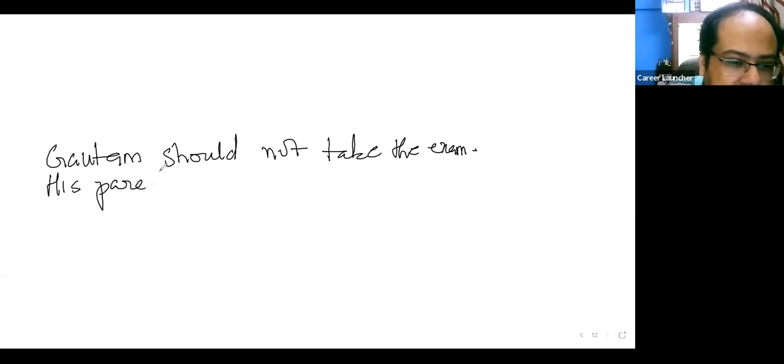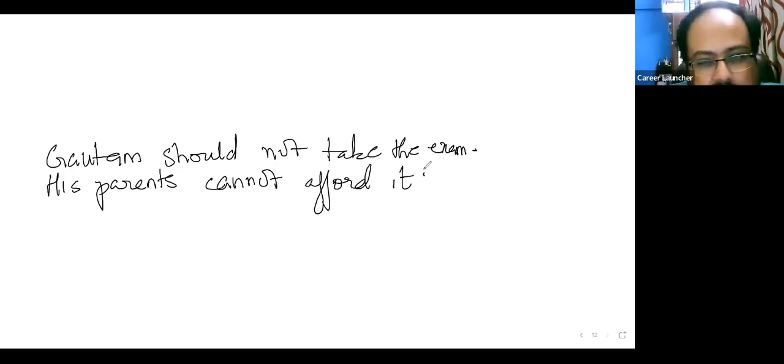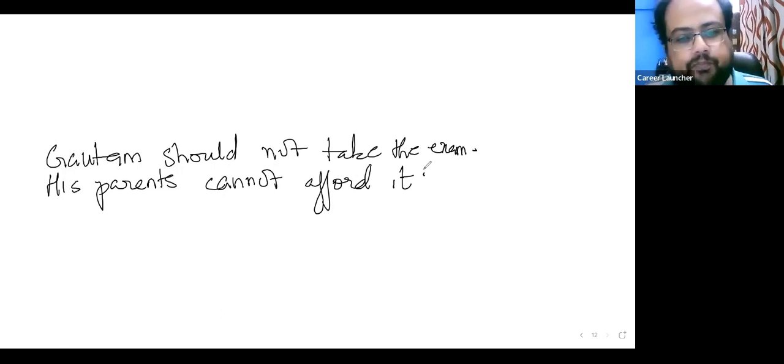His parents cannot afford it. This is the argument. The argument is: Gautam should not take the exam. His parents cannot afford it.